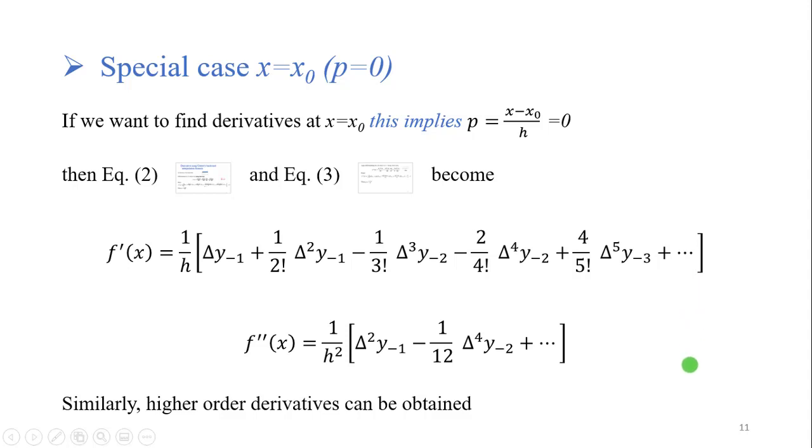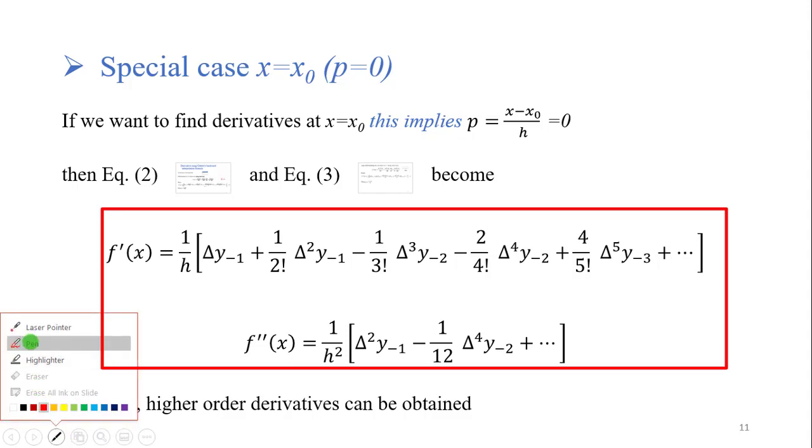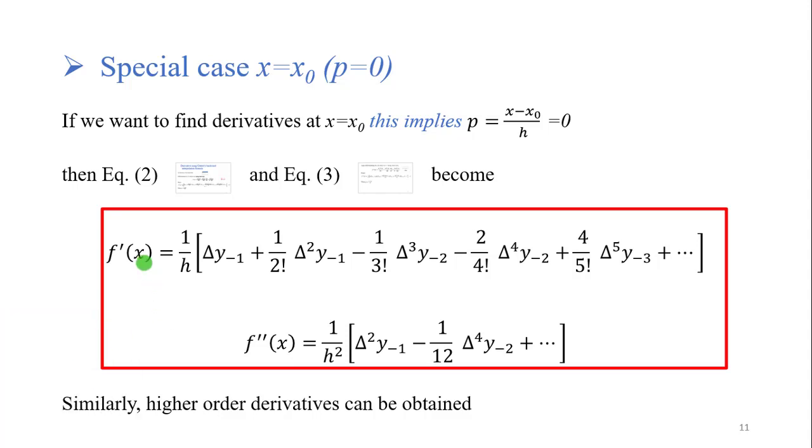And if we put p is equal to 0 in the first order derivative in equation 2 and in the second order derivative in equation 3, we get the following expressions. f prime at x naught is equal to 1 by h [del y minus 1 plus 1 by 2 factorial del square y minus 1 plus 1 by 3 factorial del cube y minus 2 and so on].